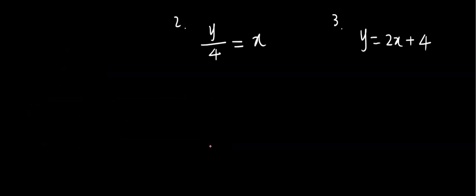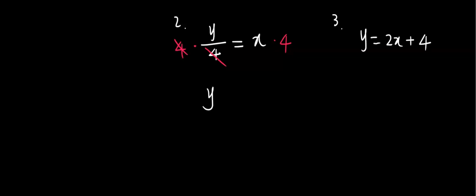Let us look at the second question. It says y divided by 4 equals x. We're going to multiply each side by 4 so we can have just y. Times 4, times 4, and it cancels to become 1 because 4 divided by 4 is 1. You have 1y, and that's y.